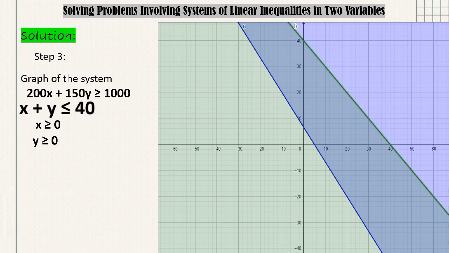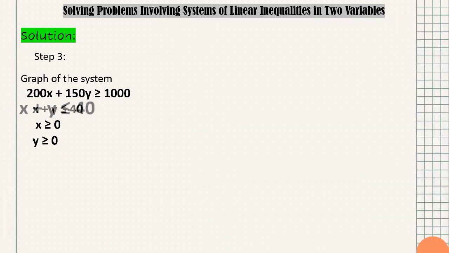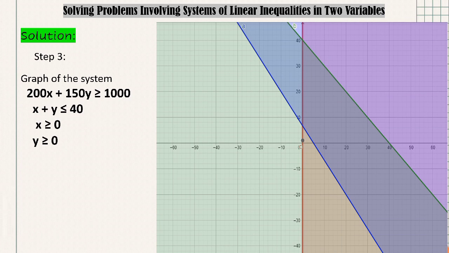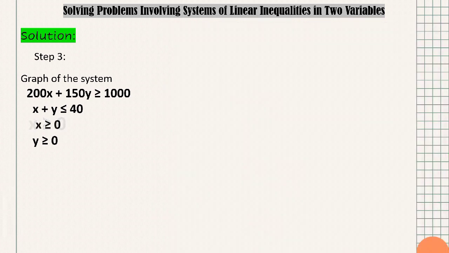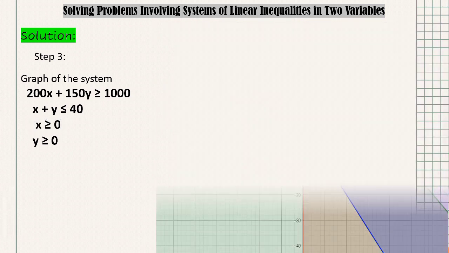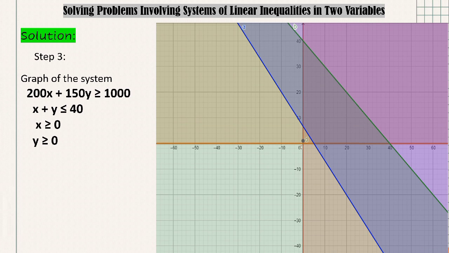For x is greater than or equal to 0, we will have the red line on the graph, and the shaded region is the right side. For y greater than or equal to 0, we have the brown line and the shaded part is above the line.